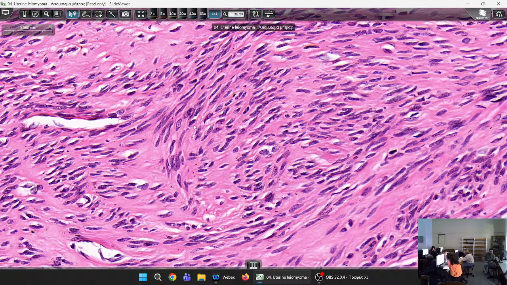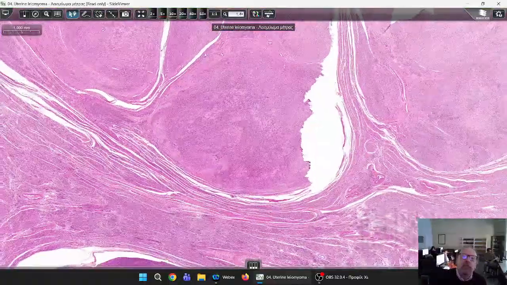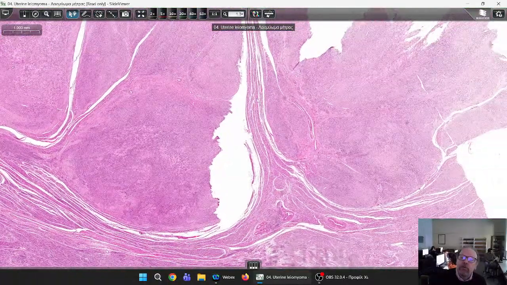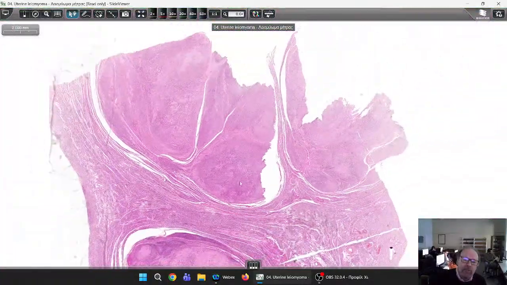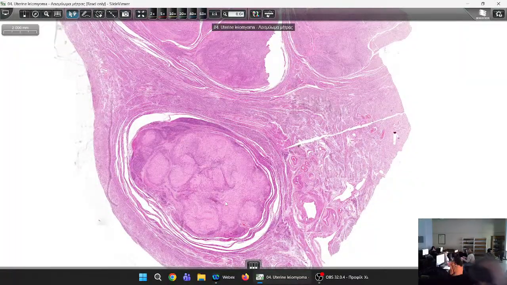name is leiomyoma, which is dependent on hormones, so it can grow always in a pushing fashion with a smooth contour. Have a look how smooth the contour of these leiomyomas is, multiple leiomyomas, and since they grow, they may cause problems, especially they will press the cavity of the uterus, so there will be problems of maintaining a pregnancy.